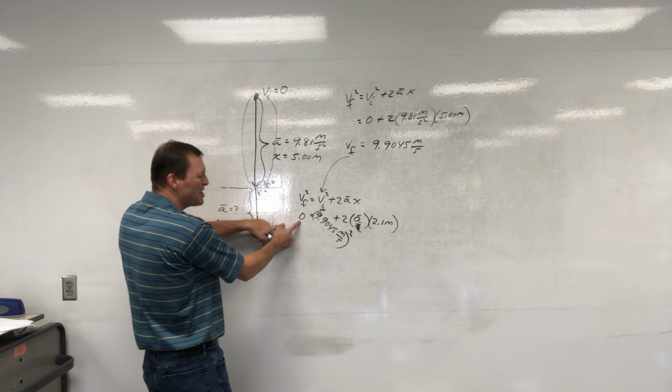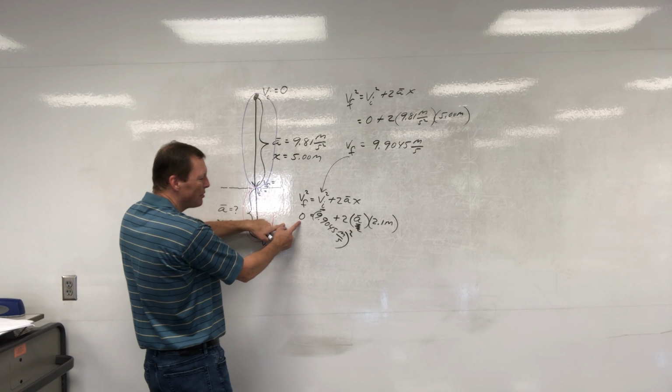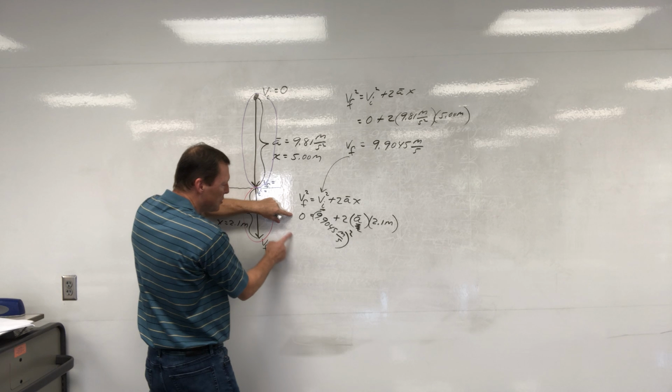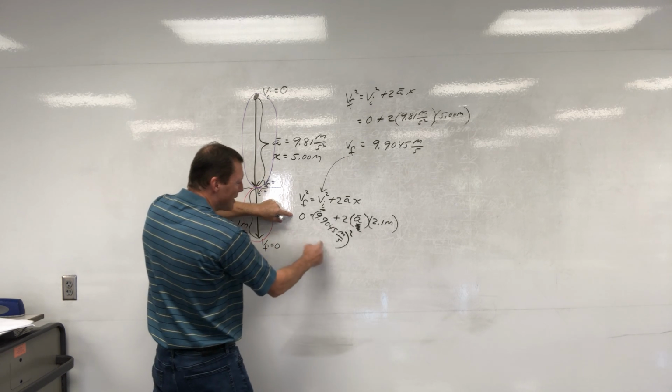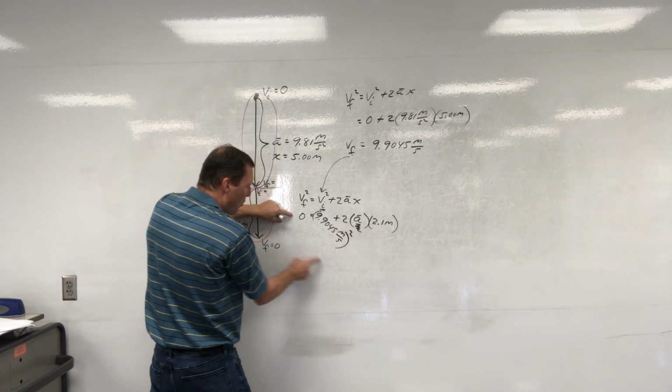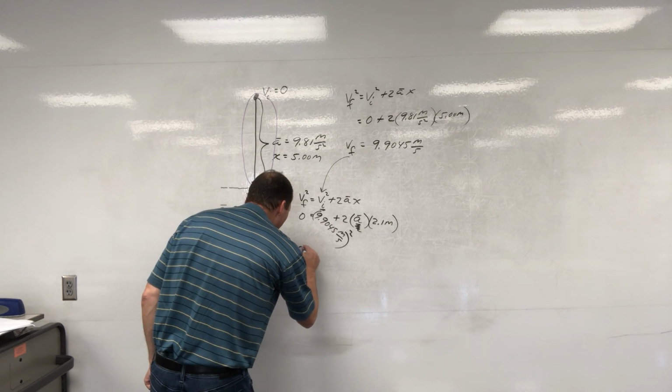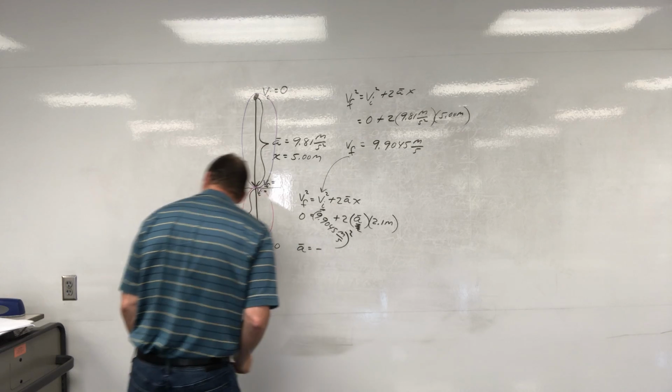When I do, it becomes negative. And then I'm going to divide that negative number by a positive 2, and I'm going to divide that negative number by a positive 2.1. And what I'm going to end up with is a negative acceleration.